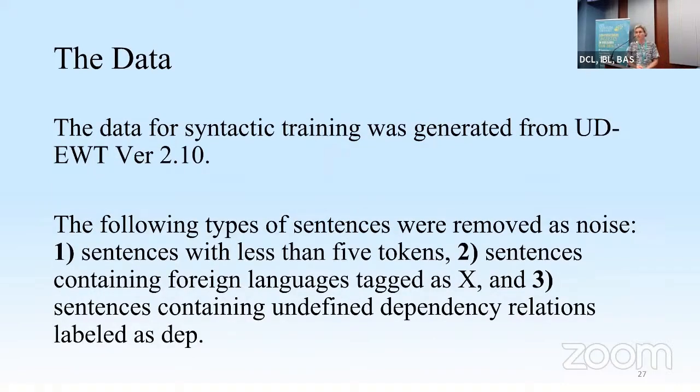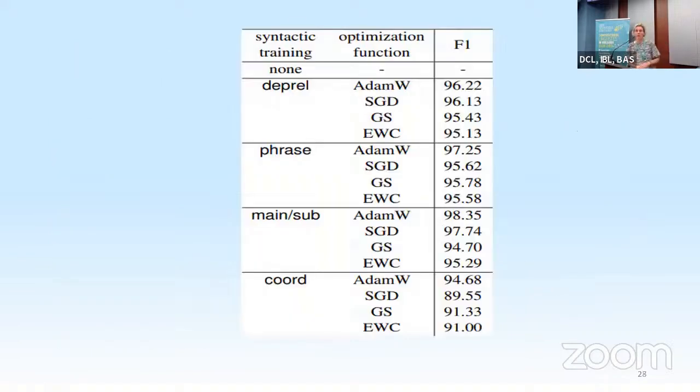The data here already is from the Universal Dependencies tree banks. We also use this one for English because it was comparable to our tree bank. The following types of sentences were removed as noise: sentences with fewer than 5 tokens, sentences containing foreign languages tagged as X, sentences containing undefined dependency relations, like a very general one, dependency. So very often you have to clean the data.